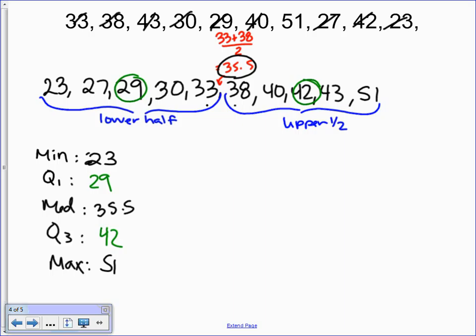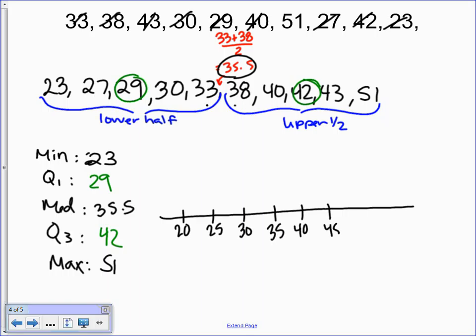I wouldn't go much lower than 5 because otherwise I'm doing a lot of writing. So I pick like 5 or 10. I'm going to start at 20, and I'll go 25, 30, 35, 40, 45, 50, 55, keeping a nice even distance in between all of those numbers.